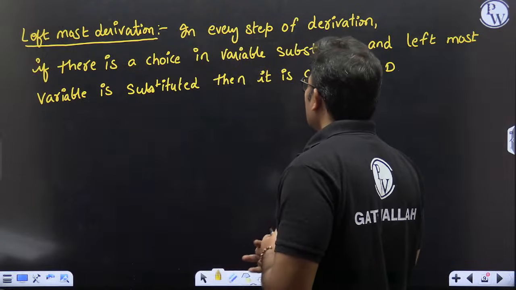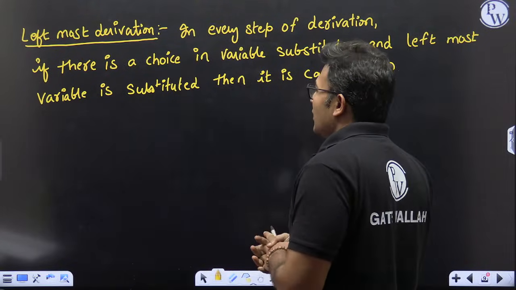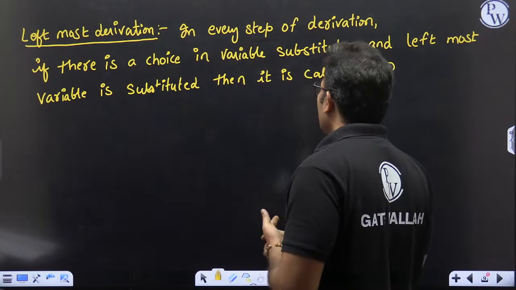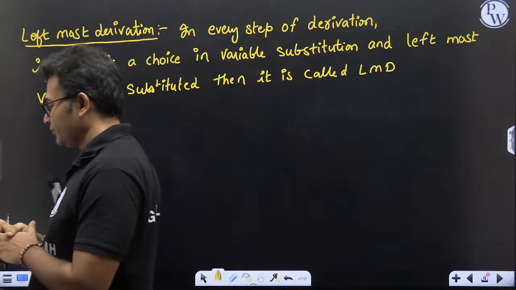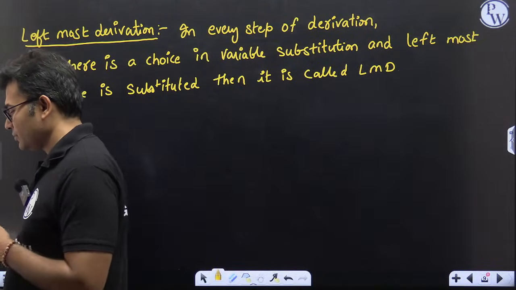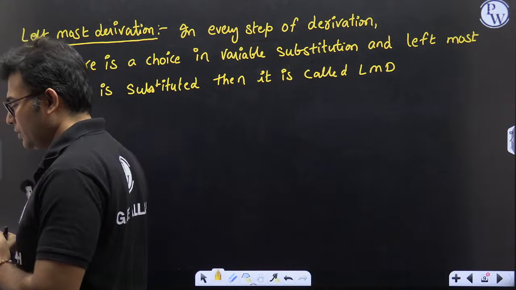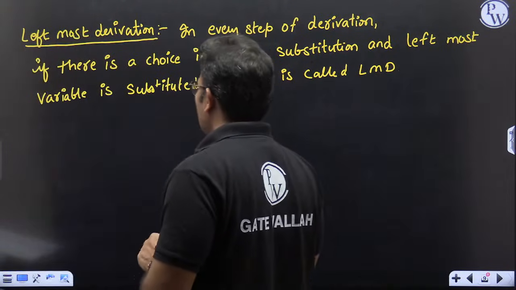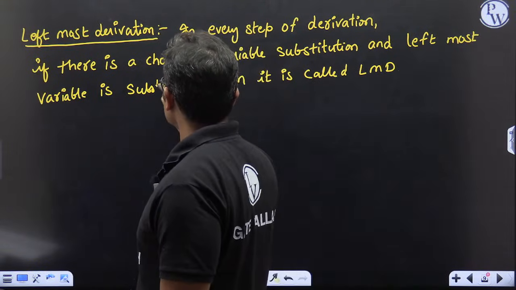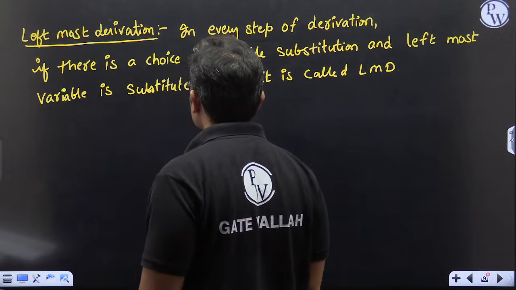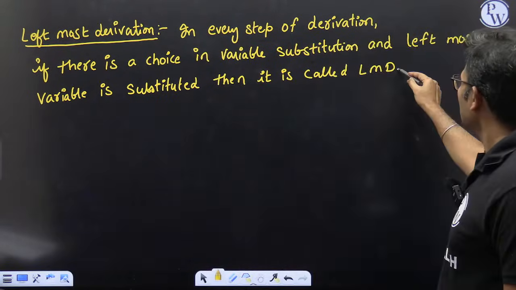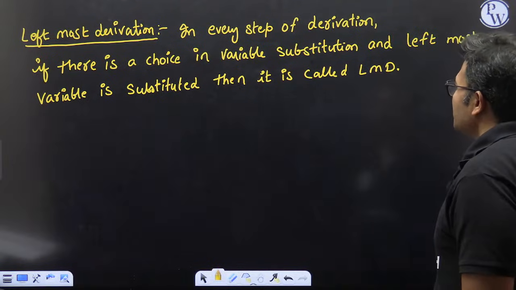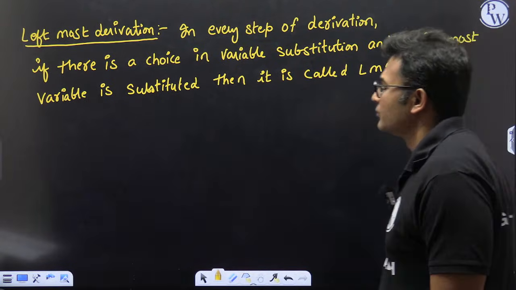If there is a choice in variable substitution and the leftmost variable is substituted, then it is called leftmost derivation, right?